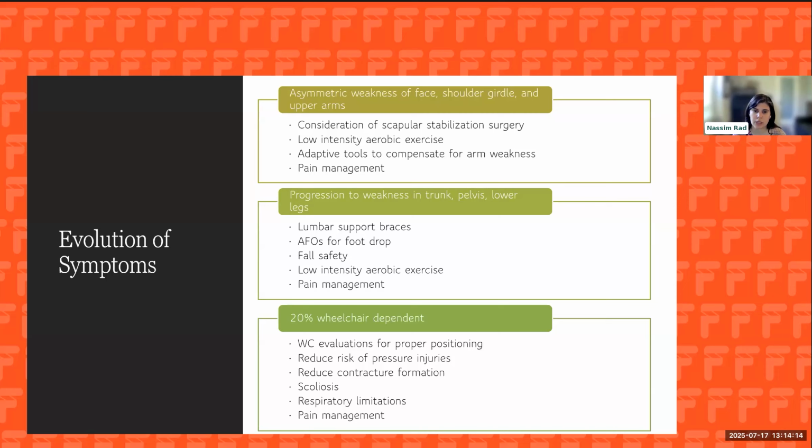The goal is to engage our core muscles and make our paraspinal muscles stronger to reduce back pain. But when we have something like FSHD, where our paraspinal muscles are weak and our rectus and abdominal muscles are weak, this is the point where this differs from other types of back pain. So we need stabilization. We need to add something to our muscles when we can't increase the strength of our muscles, and so we use supportive braces.